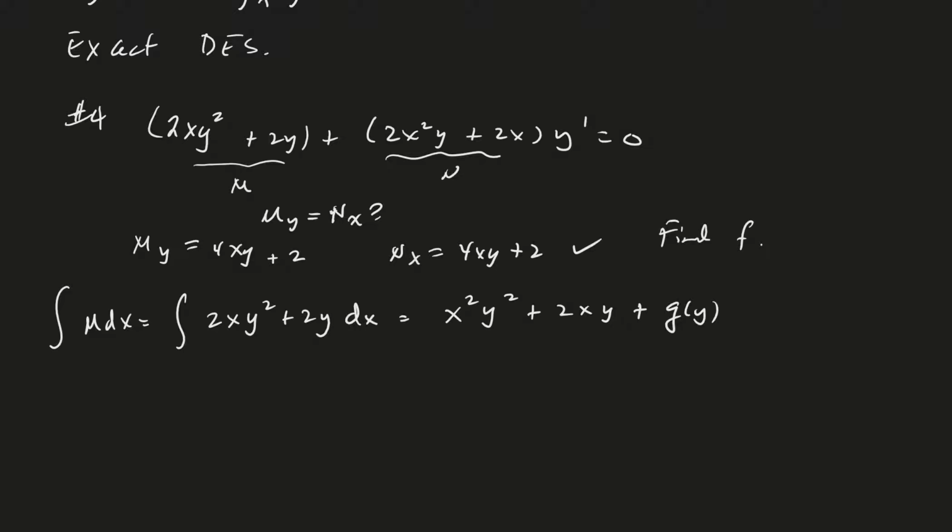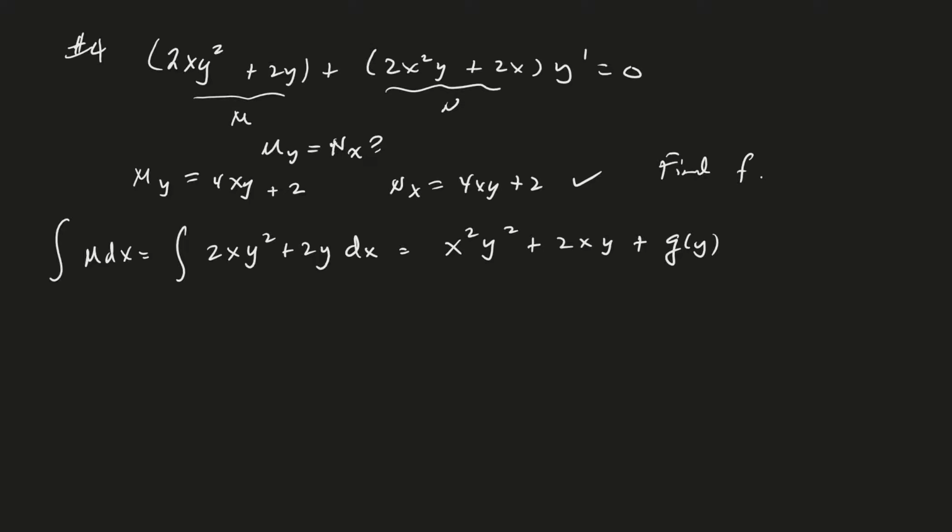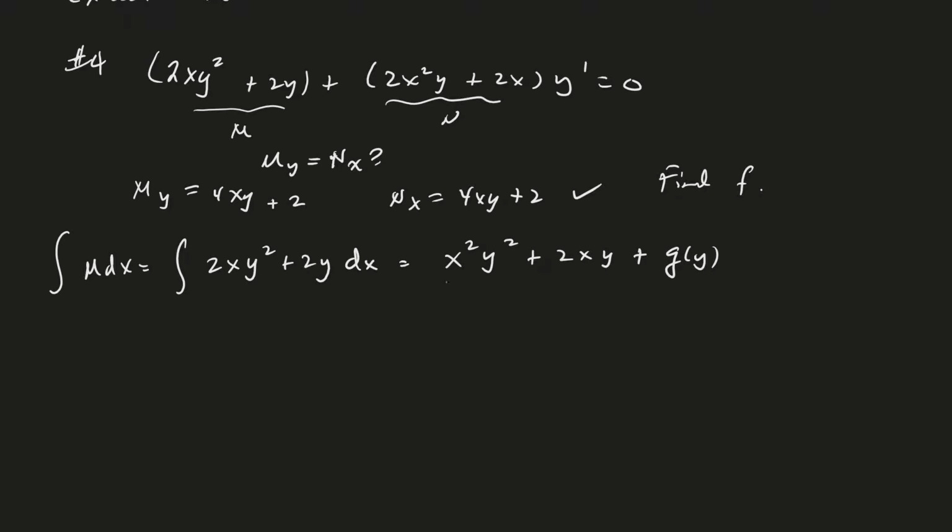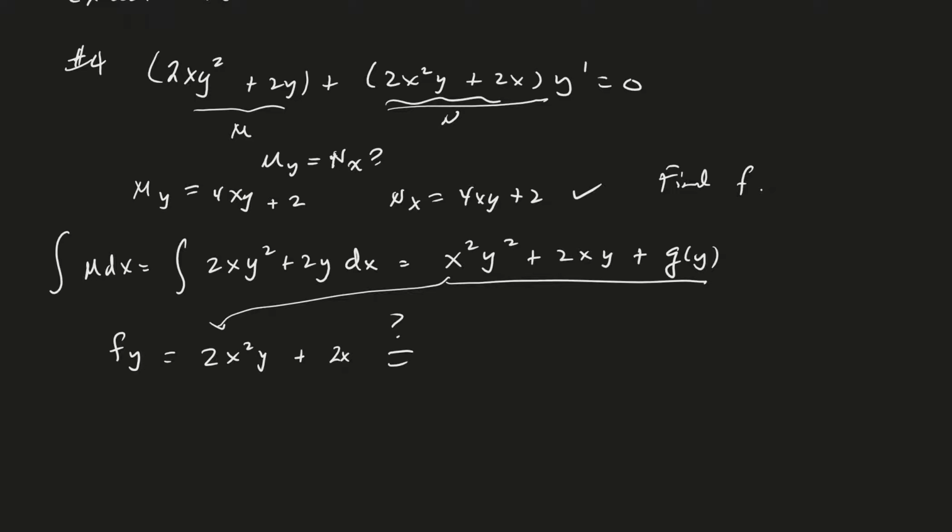Now I'm going to use a different technique at this point, just to show you that there is a different technique, and that is that if this is my function f, then f sub y should be equal to N. And so if I take my f sub y using this expression, I get 2x squared y plus 2x. And the question is, is that equal to 2x squared y plus 2x?